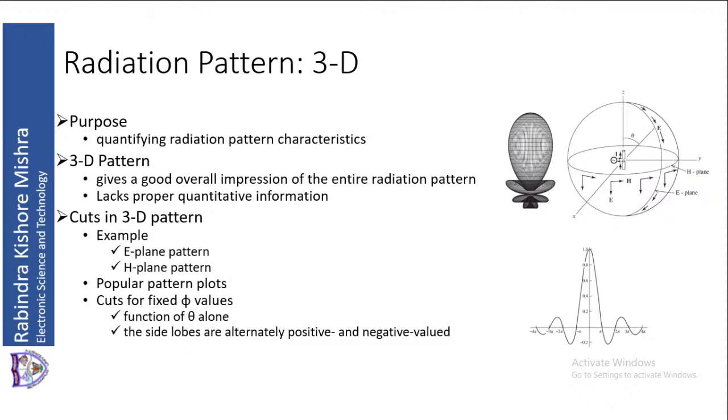But if you consider the power pattern, E becomes E square, therefore there will be no negative value, everything will be positive. So all those negative peaks will flip and come onto the XZ plane.